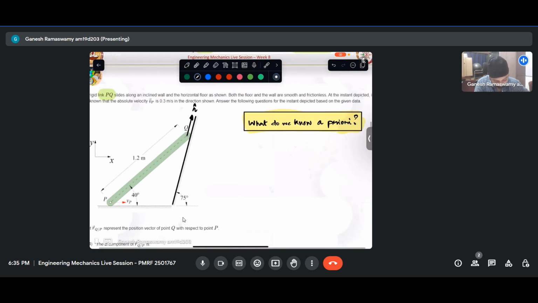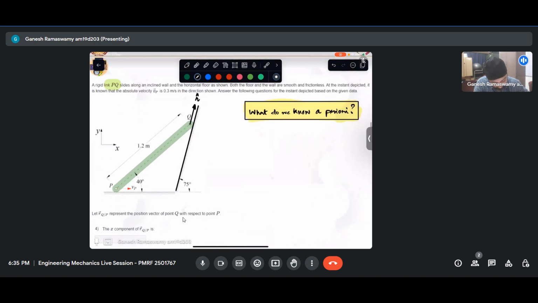So from the question, can I write n cap? If I see that this makes an angle of 75 degrees, let me take my axis like that. This is x. This is y.